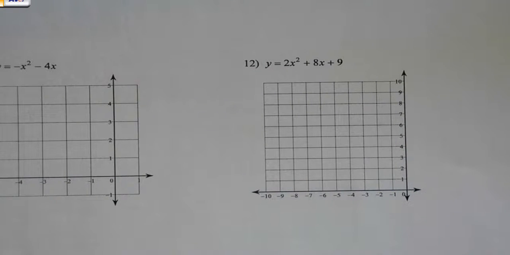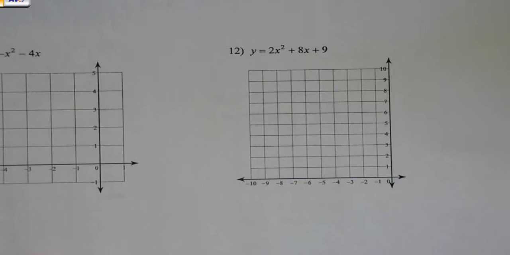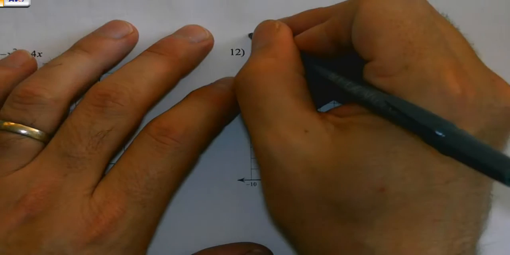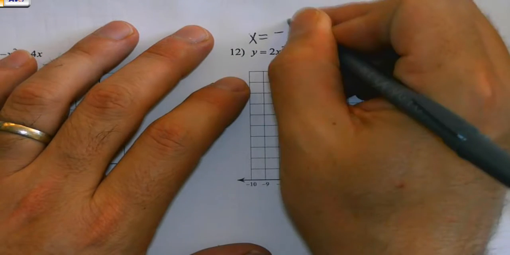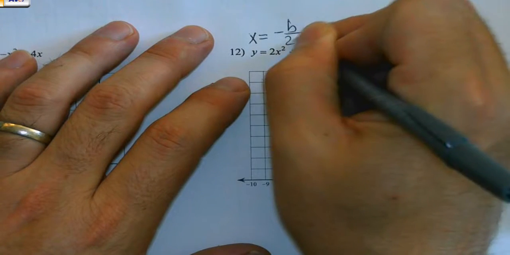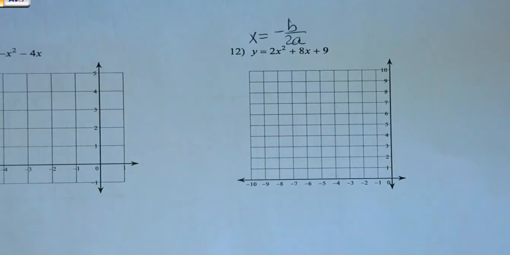So I look at this one, and the vertex isn't there. I've got to find that first. Remember, to find the x value of my vertex, I have my little mini equation, negative b over 2a.